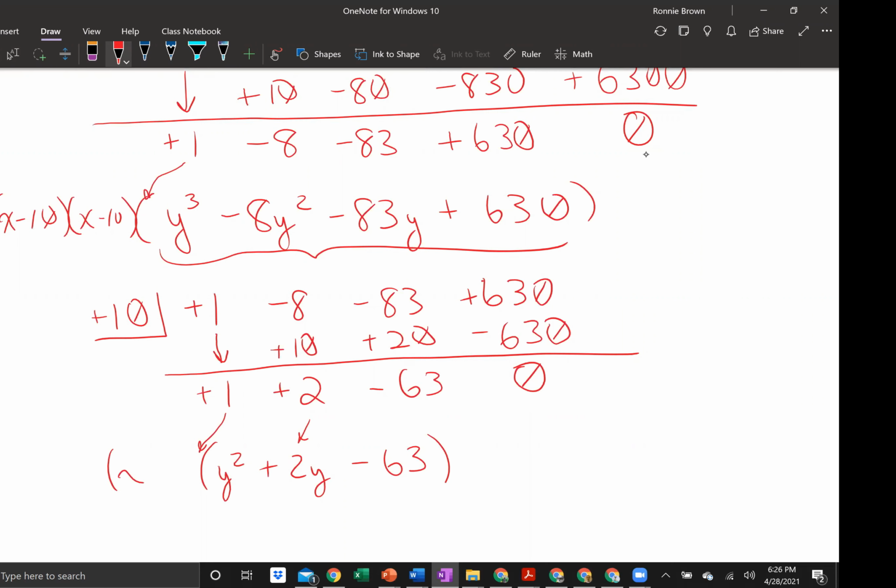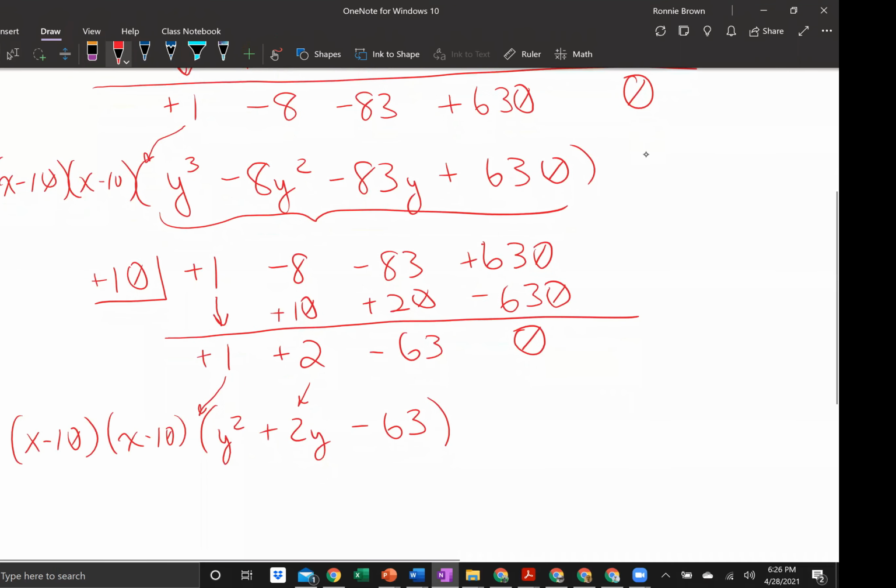And we have the x minus 10 and another x minus 10. Still, we don't have all linear factors here, right? We don't have all linear factors because this third factor here, it's a quadratic factor. It's not a linear factor. So we need to go ahead and find linear factors.